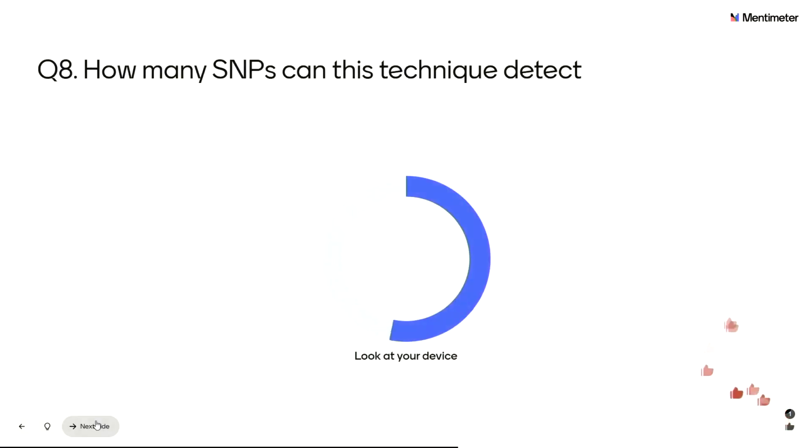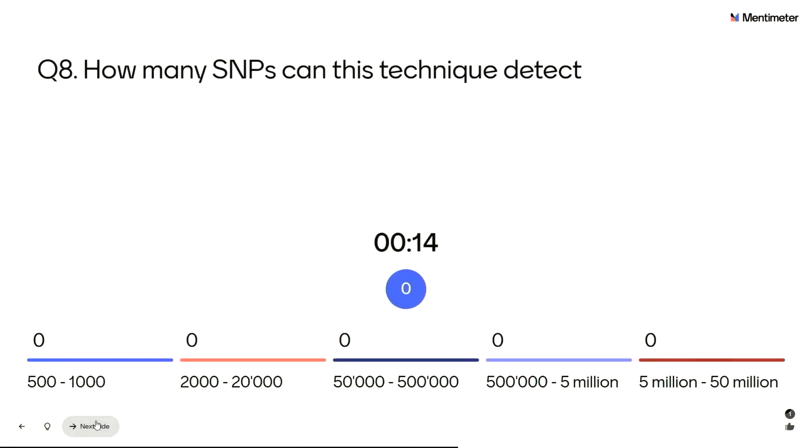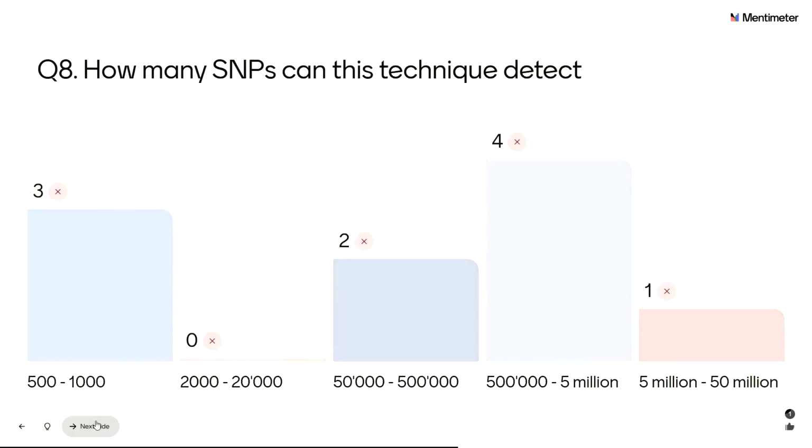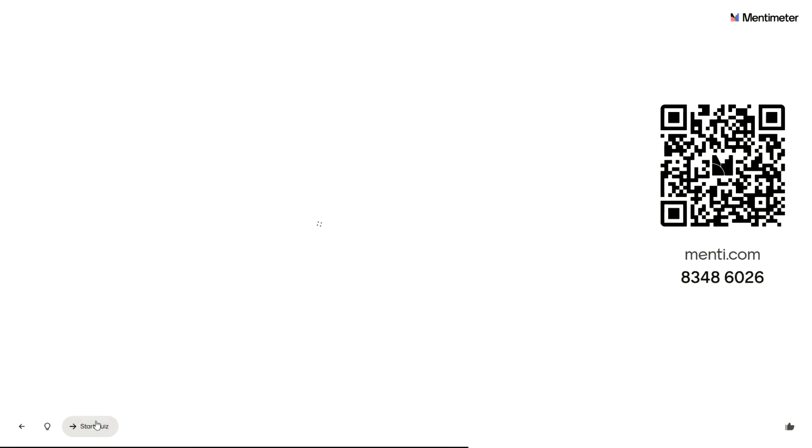How many significant variants can this technique detect? Oh, a few people might not get an answer. Oh man. I think I might have messed up this quiz. But the answer for this one was 500,000 to 5 million. Sorry about that.